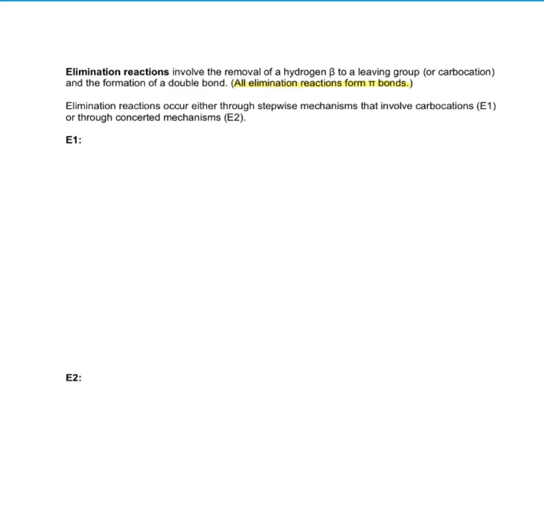Now, just like the substitution reactions, an elimination can happen either through a stepwise mechanism that will also involve carbocations, and we call that E1, or through a concerted mechanism, which we call E2. So let's look at the stepwise version of this first, the E1 pathway.